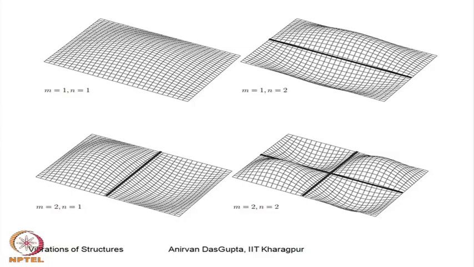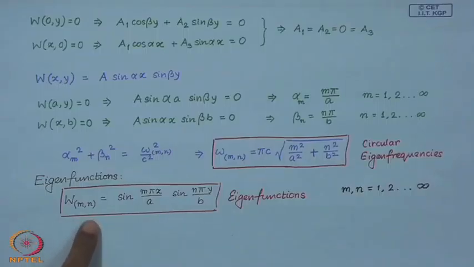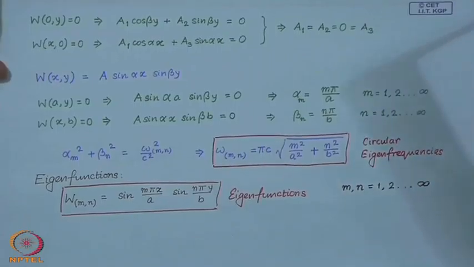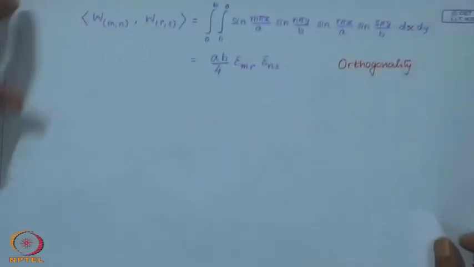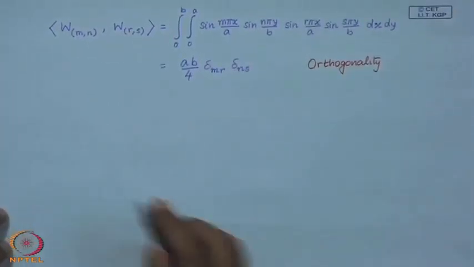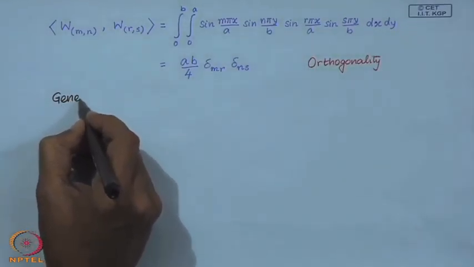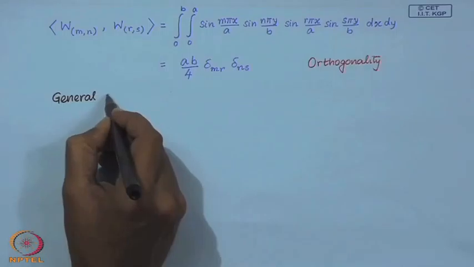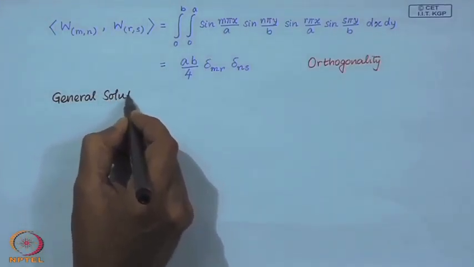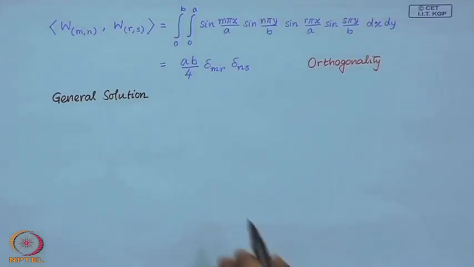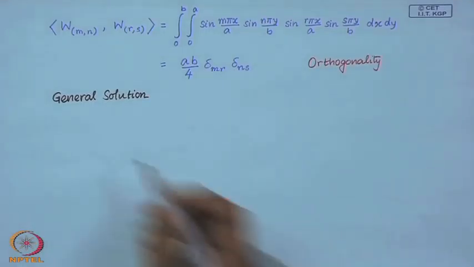Now, these eigenfunctions can be used for constructing the general solution for any problem related to the rectangular membrane. Let me write out the general solution.